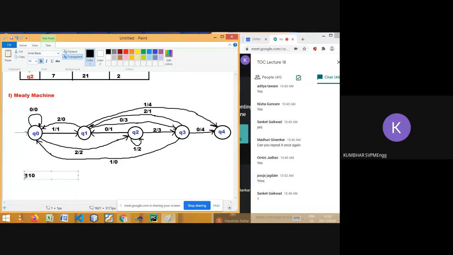1 1 0. 12. Can someone put it on paper and try? 1 1 0 means what number?